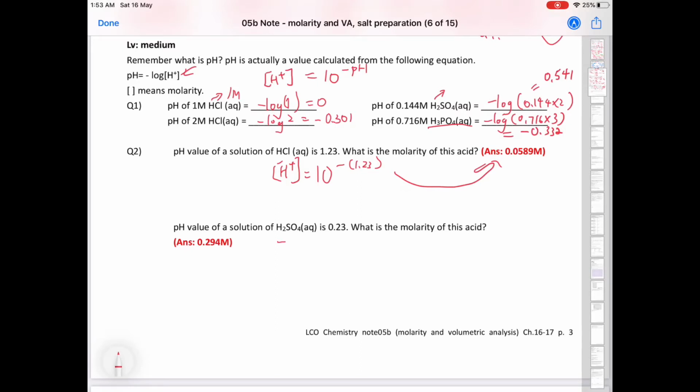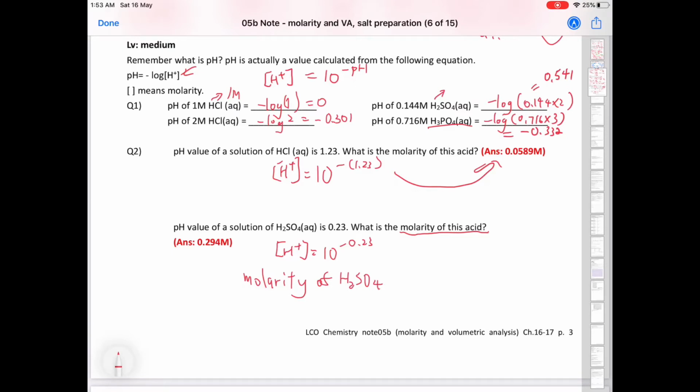First of all you have to find out the H plus concentration in molarity by again this formula. And then what's more is that you are finding H plus molarity in the above relationship. Obviously it asks you to write down the molarity of the acid, and the molarity of acid should be only half of the hydrogen ion concentration, because sulfuric acid is a dibasic acid.